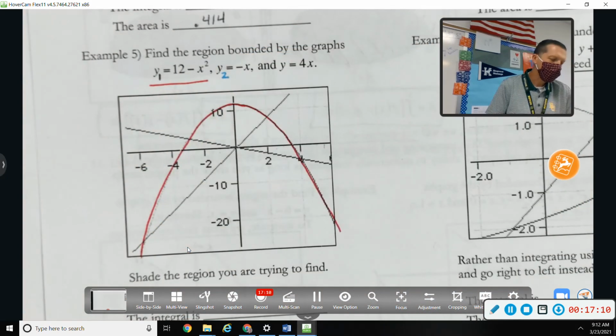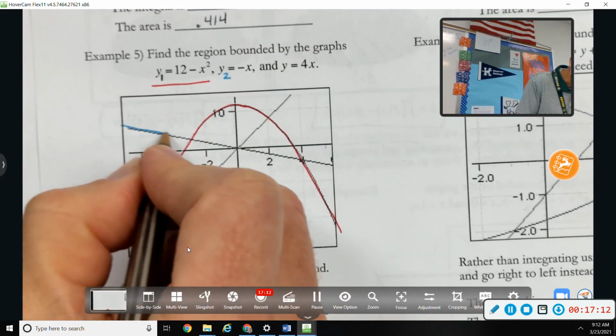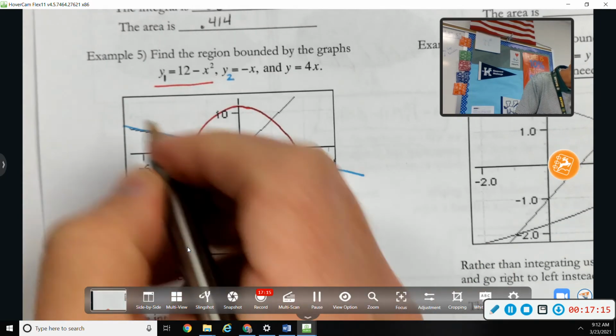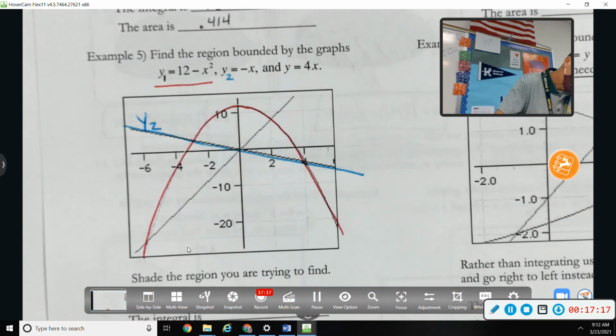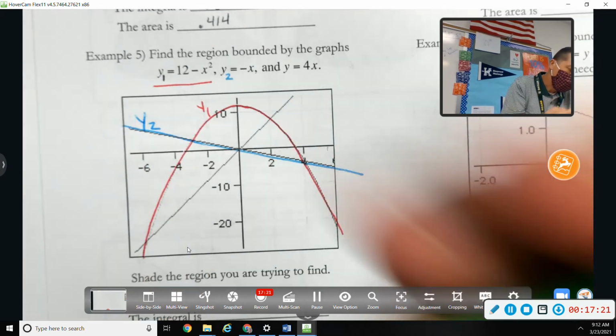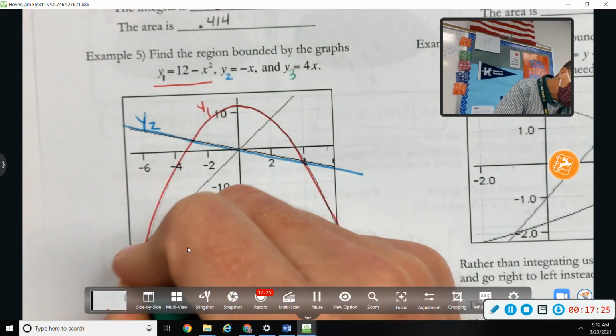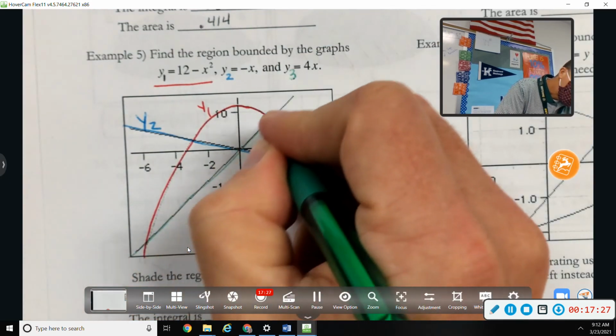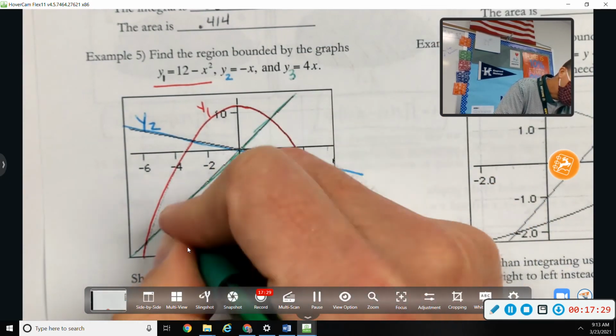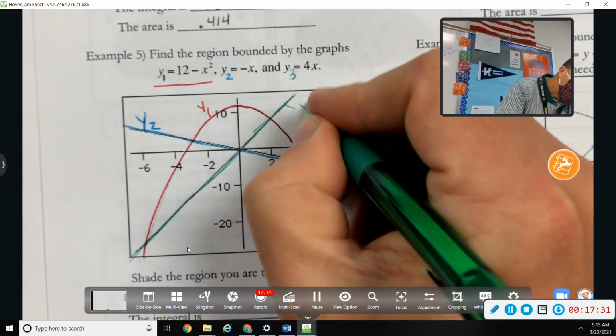Well, there's only one of them that has a negative slope, so that one's not hard to identify. And then that last one, y3, is that one.